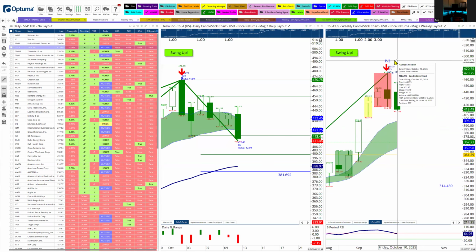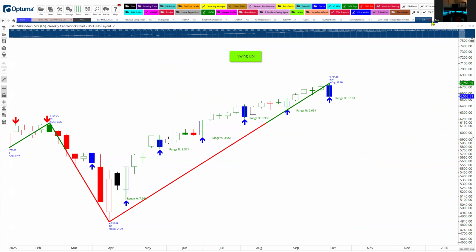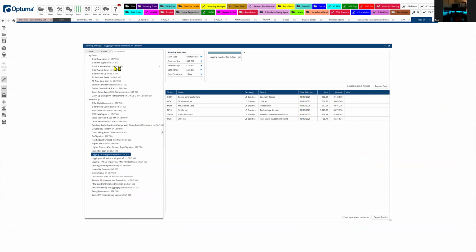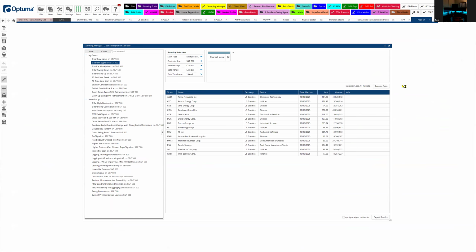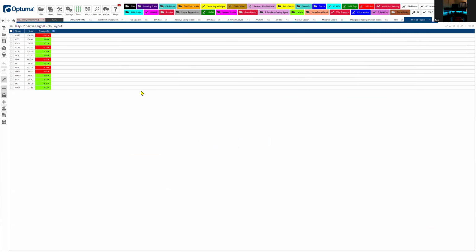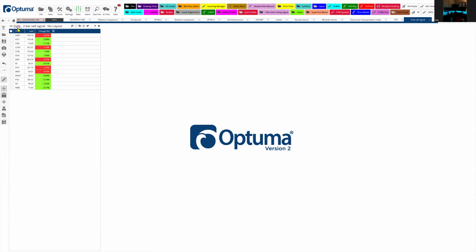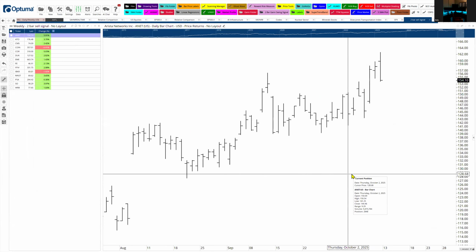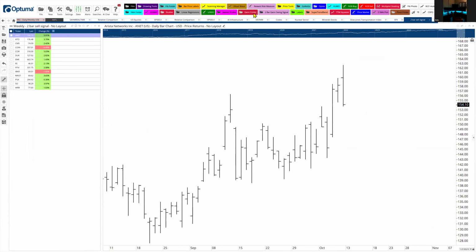As a matter of fact, let me do okay. These are all the stocks that triggered a sell signal on a weekly bar. So watch these ones for next week. These are very powerful sell signals.